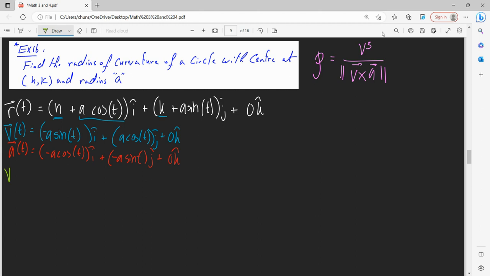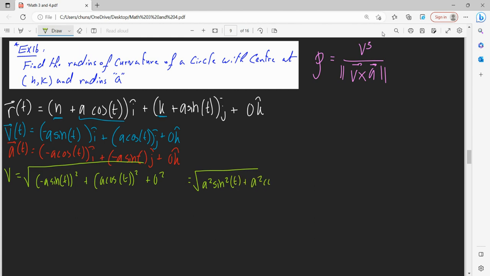So let's start off with speed, and that's equal to negative a sine t squared plus a cos t squared plus 0 squared, and that's equal to a squared sine squared t plus a squared cos squared t.